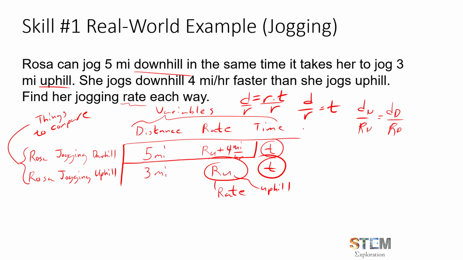And so what I'm going to say is that if she can travel uphill 3 miles at a rate of RU, okay, that's just a given piece of information that we have, and we want to be able to set this equal to something else. And you can see that this is just this information right here set into an equation of time, just a quick little manipulation, since the amount of time that she has to be traveling for both of these has to be exactly the same.